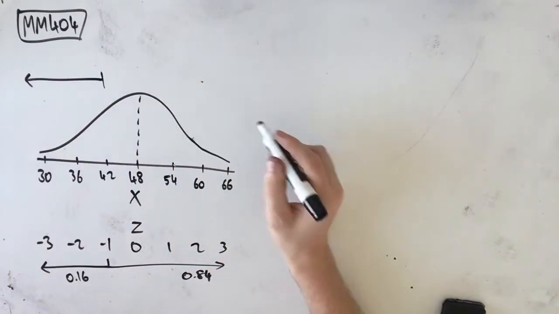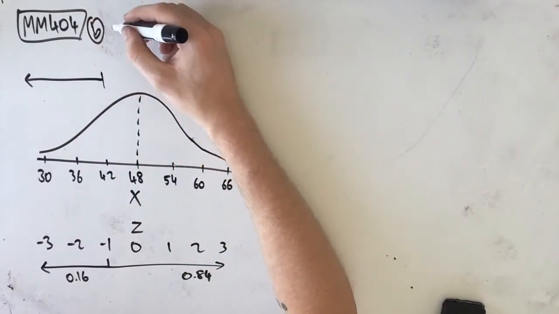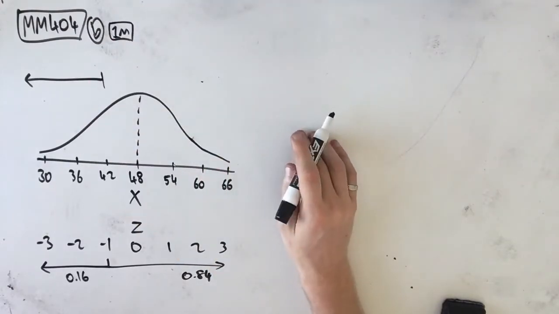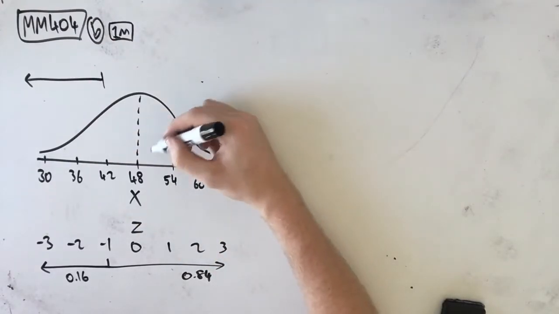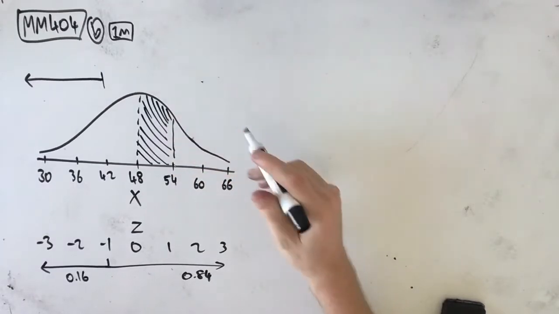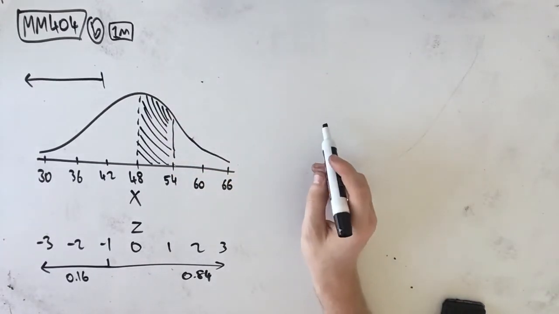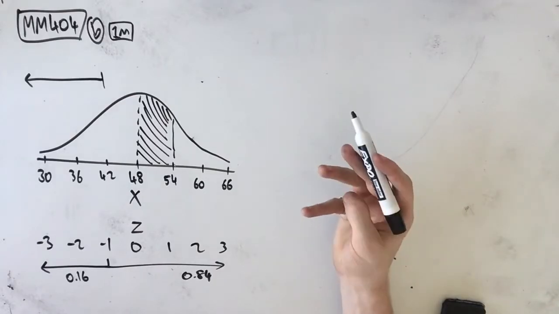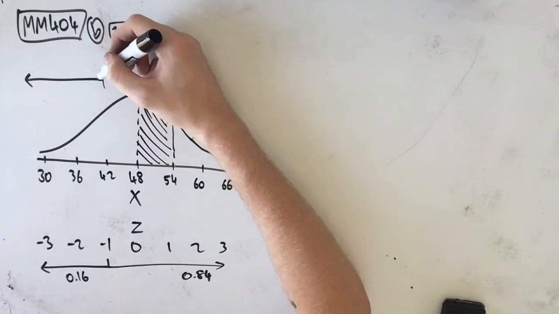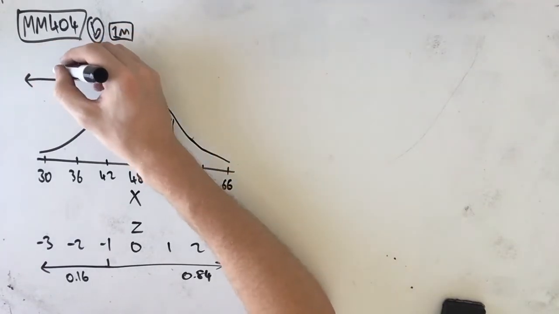So, part B says, find the probability that x is between 48 and 54. Again, this is a 1-mark question, and what we're looking for is this probability in between here, 48 and 54. What we know, from the previous question, is that the probability that x is less than 42 is 0.16.